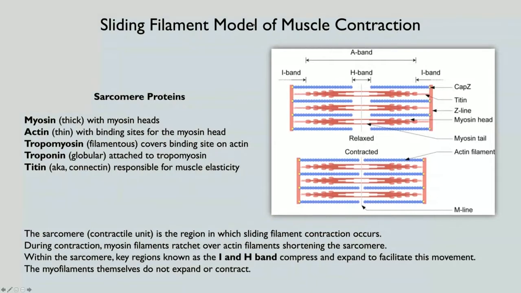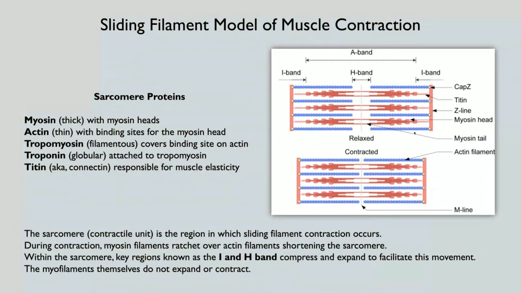So the sliding filament model says that during the contraction, we are going to see the process later, these filaments of actin and myosin slide past each other, ratchet over each other, and the sarcomere shortens. And since all the sarcomeres are placed in series in these myofibrils, the whole muscle will contract.